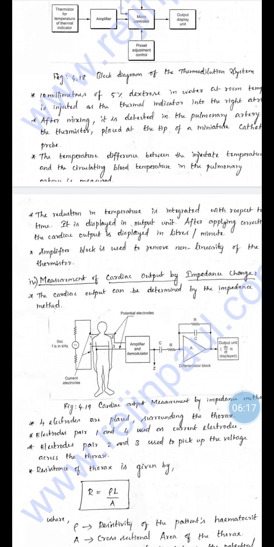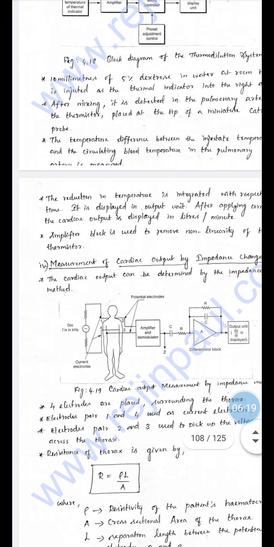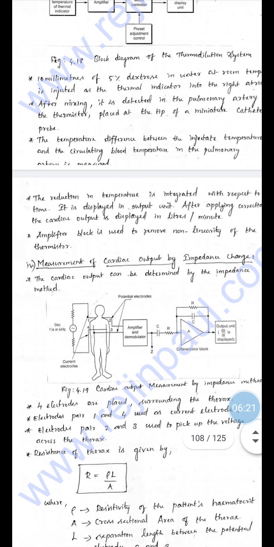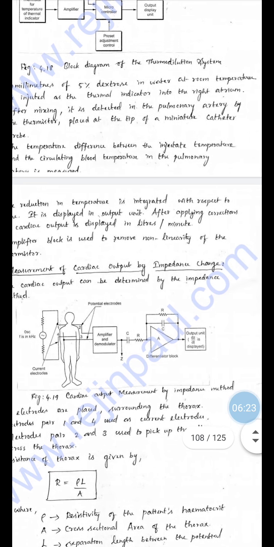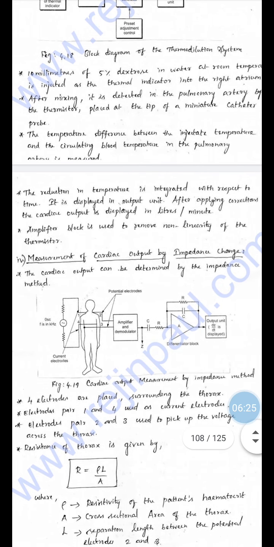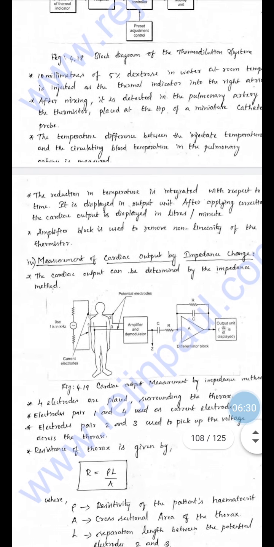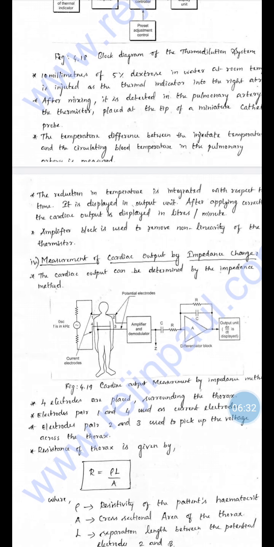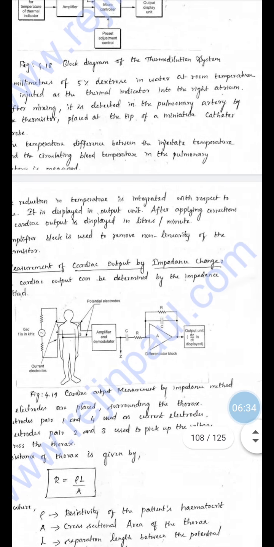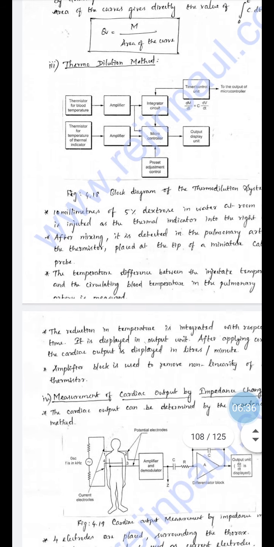The reduction in temperature is integrated with respect to time. It is displayed in the output. After applying correction, the cardiac output is displayed in liters per minute. The amplifier block is used to remove the non-linearity of the thermistor.